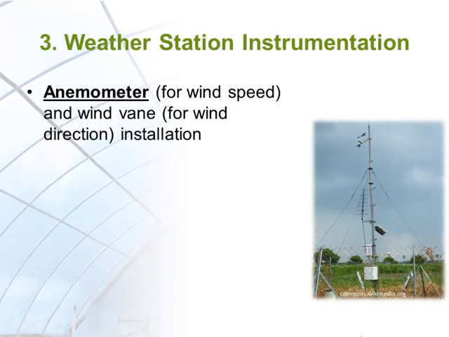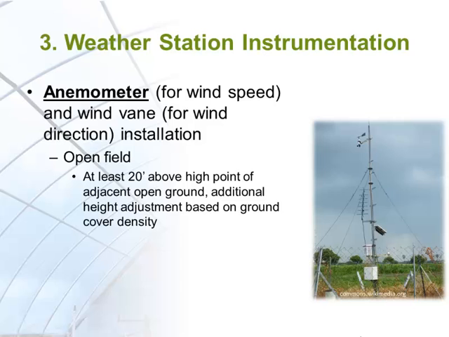Weather station instrumentation includes an anemometer for wind speed and a wind vane for wind direction measurement. Anemometer installation needs to be in an open field at least 20 feet above the high point of adjacent open ground. Additional height adjustment is needed based on ground cover density.